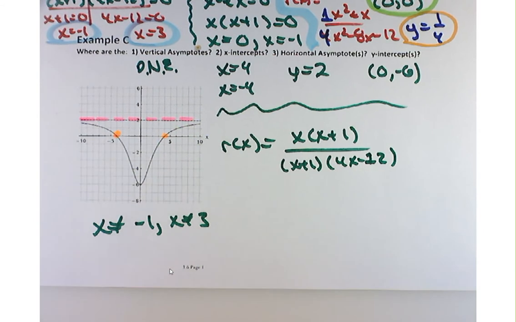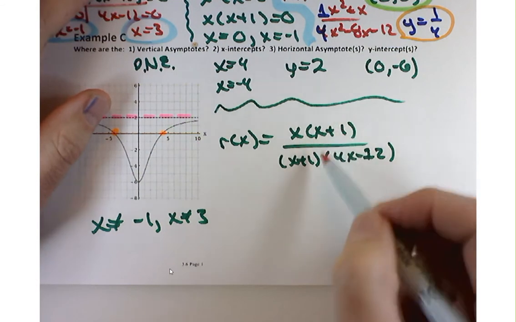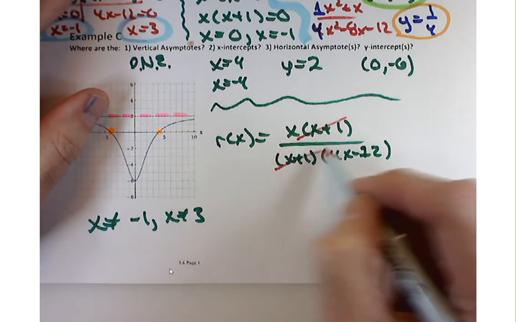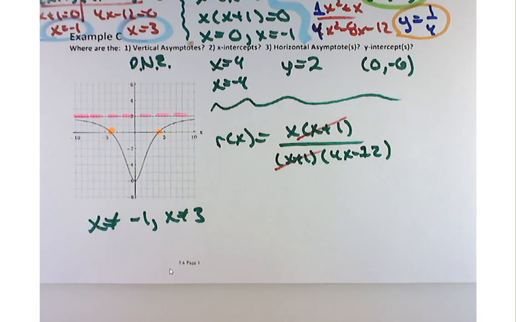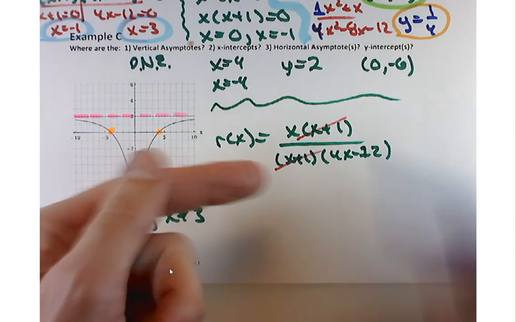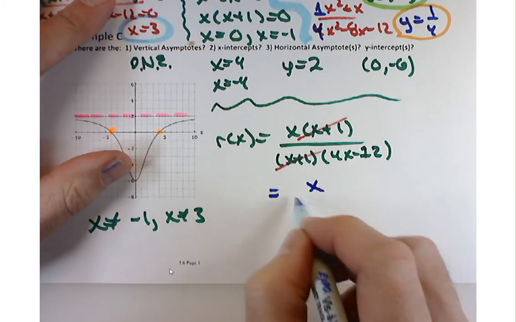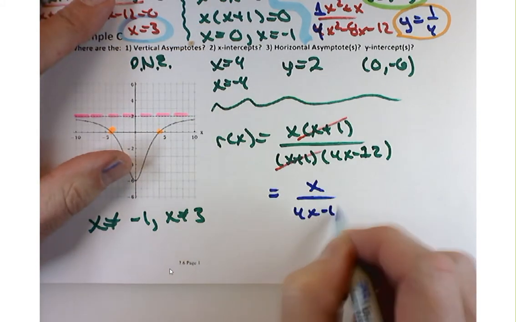But if you're avoiding that point, what does it look really tempting to do? Looks really tempting to cancel those things out, doesn't it? That's why we're not getting a vertical asymptote at -1, is because these terms effectively cancel each other out. So x over 4x minus 12.